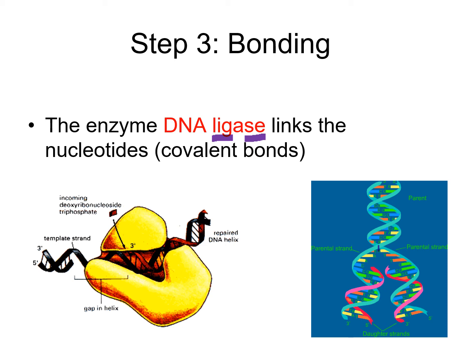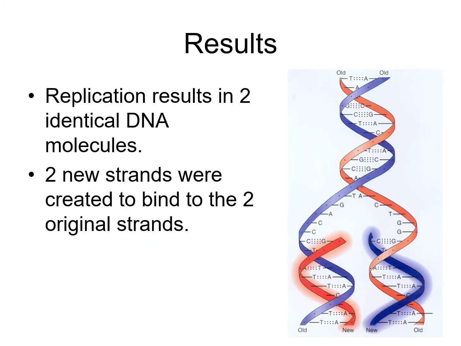So DNA polymerase puts A's and G's together, A's and T's together, C's and G's together with hydrogen bonds. And the DNA ligase will come along and basically glue the sugars and phosphates together to make the hard book covers. So in the end, we have our 2 books. So our results are 2 pieces of DNA, and they are exact copies of each other.